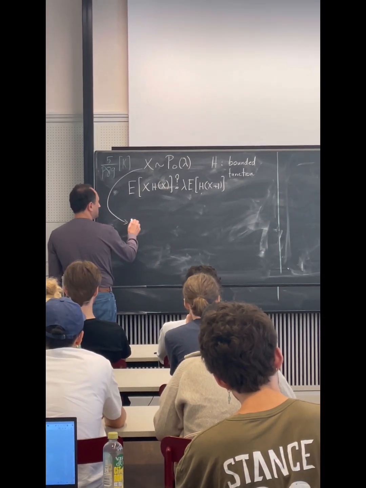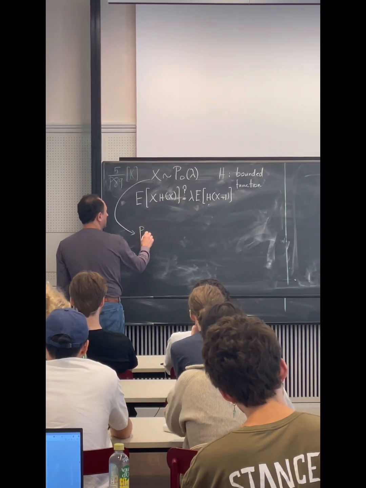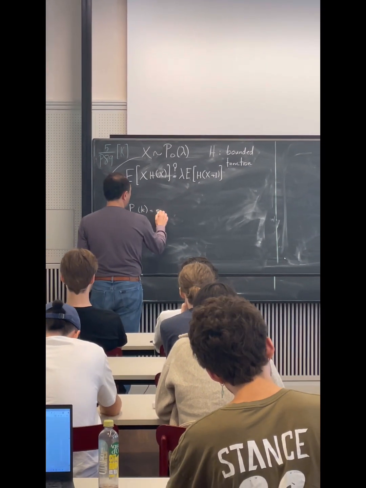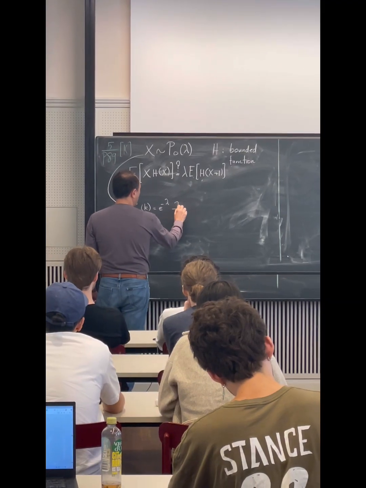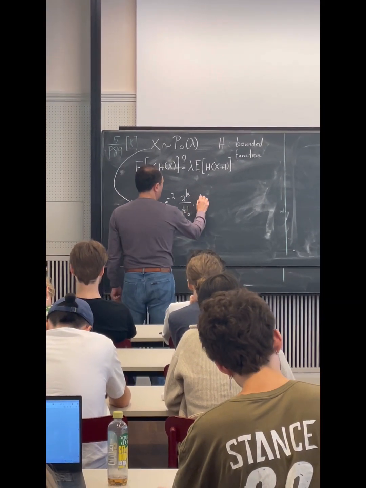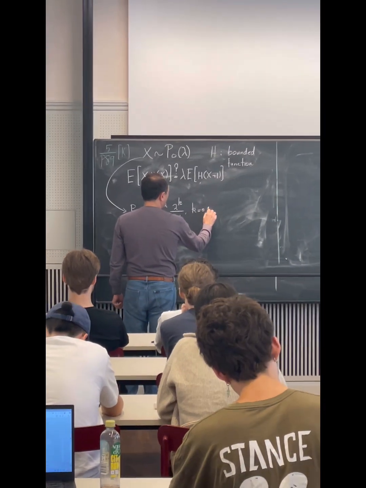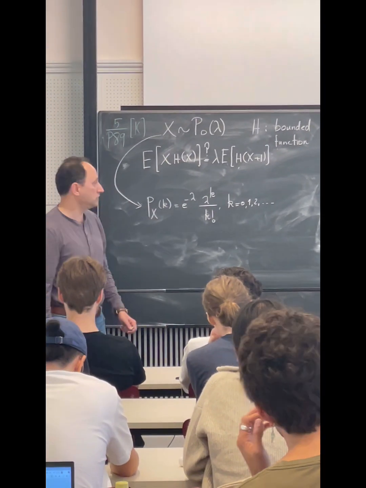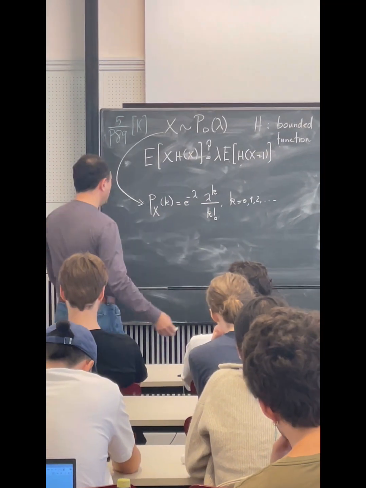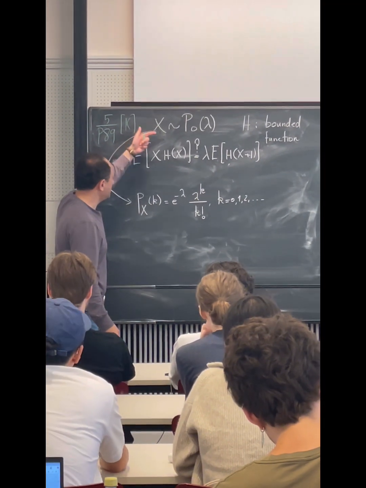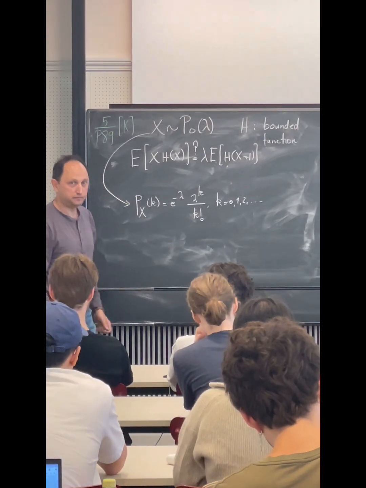I have it in my memory. So P of x calculated at k becomes e to the power minus lambda, lambda to the power k divided by k factorial, and k goes from 0, 1 to 2, and so on. When they say it's a Poisson distribution, in the back of the book, you need to find a table, and this translates itself to this.